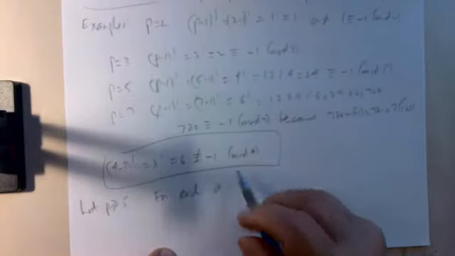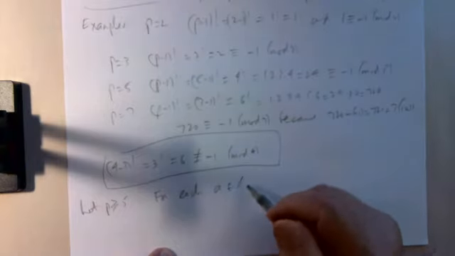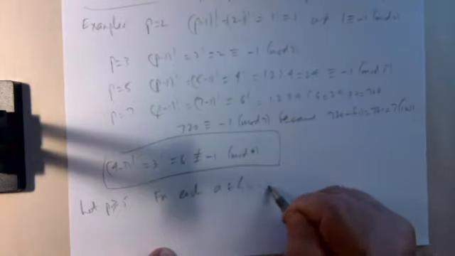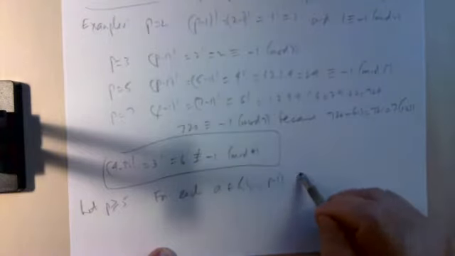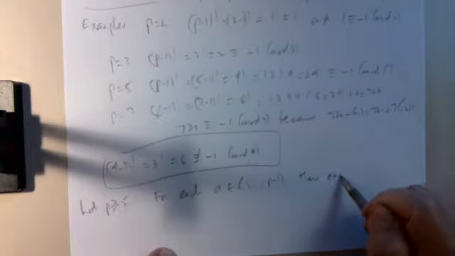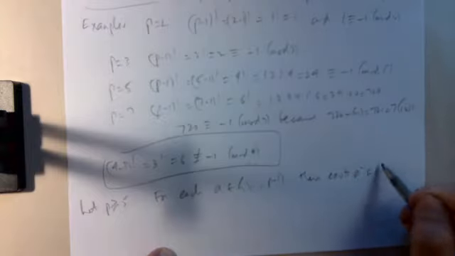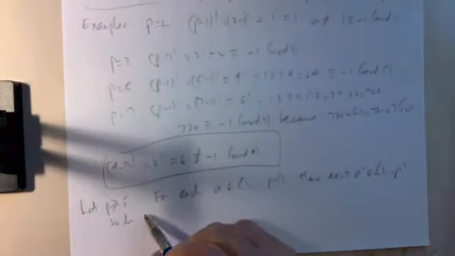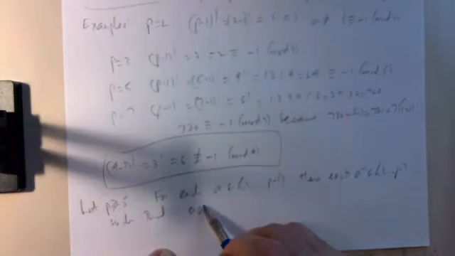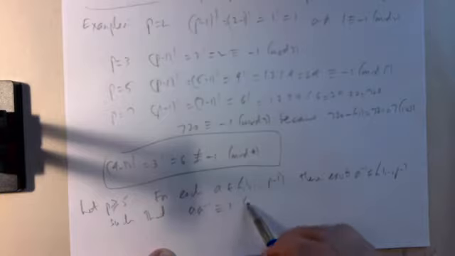For each a from 1 up to P minus 1, there's an inverse a inverse such that a times a inverse is congruent to 1 mod P.